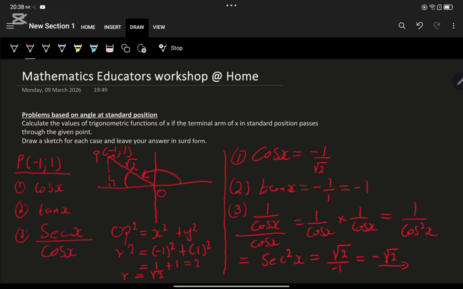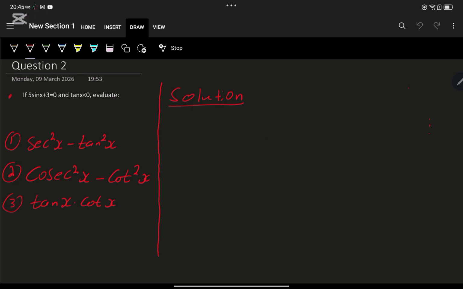Now, let's go and look at question number 2. If 5 sin x plus 3 is equal to 0 and tan x is less than 0, evaluate the following. Now, let us look at that information. 5 sin x plus 3 is equal to 0.